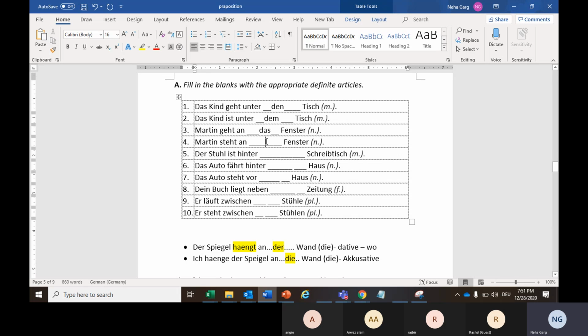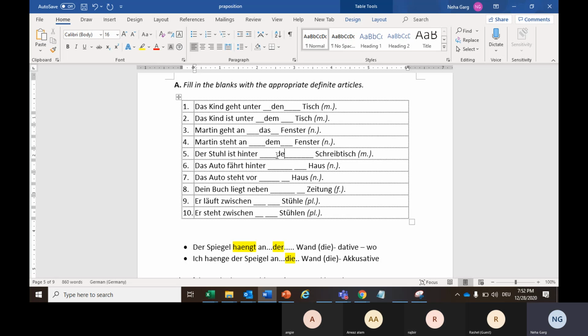Number 4, Rajveer. Martin steht an dem Fenster. Dem Fenster. And then number 5 also. Das Schule ist hinter dem Schreibtisch.